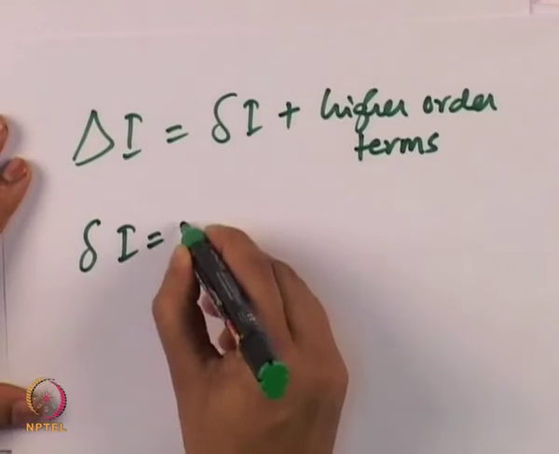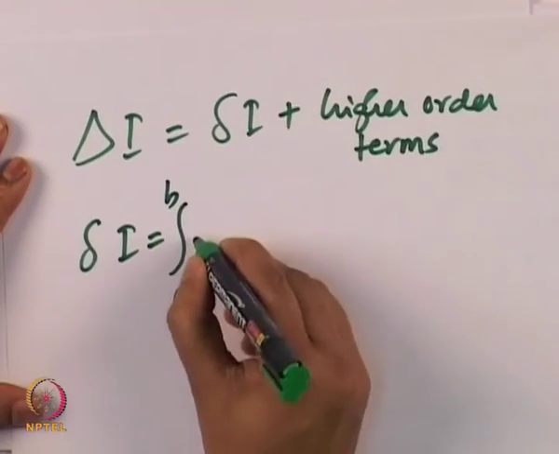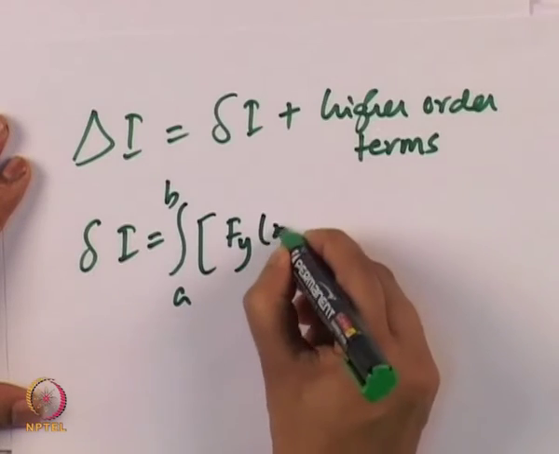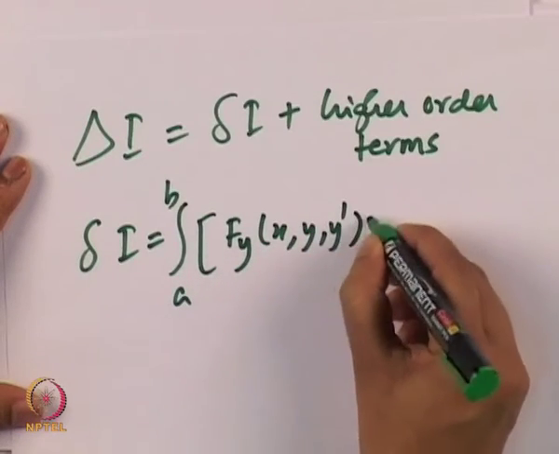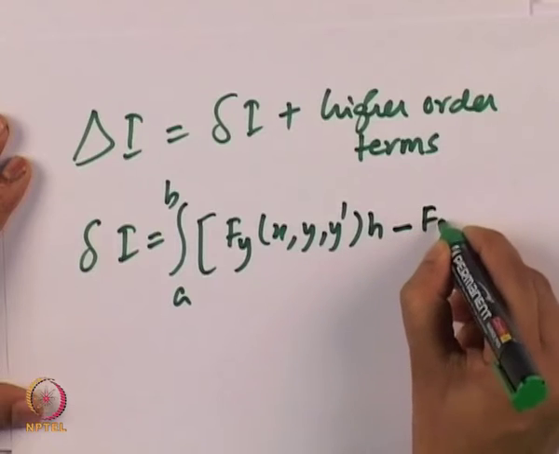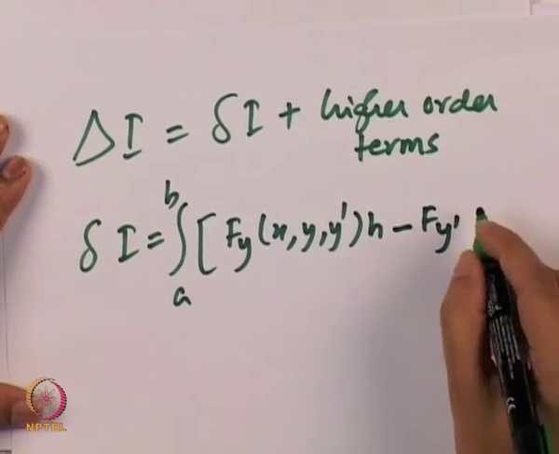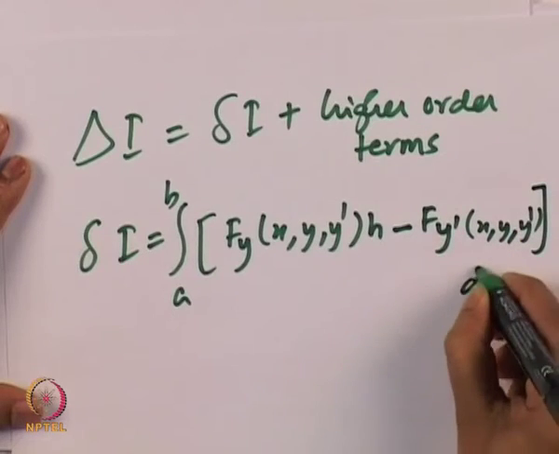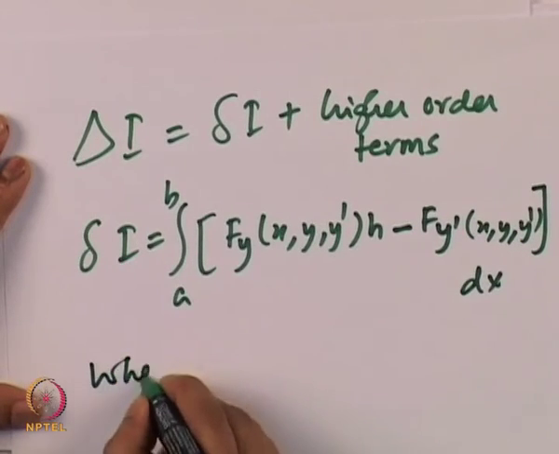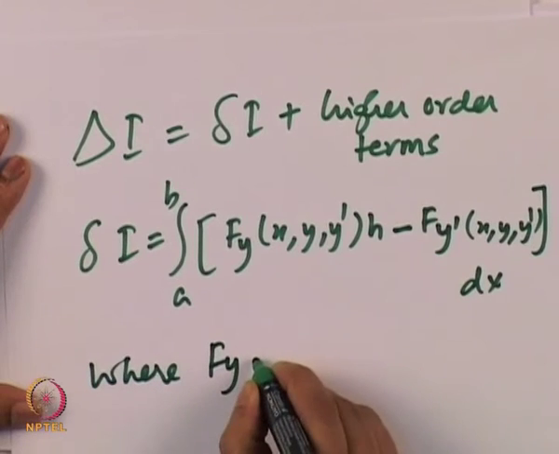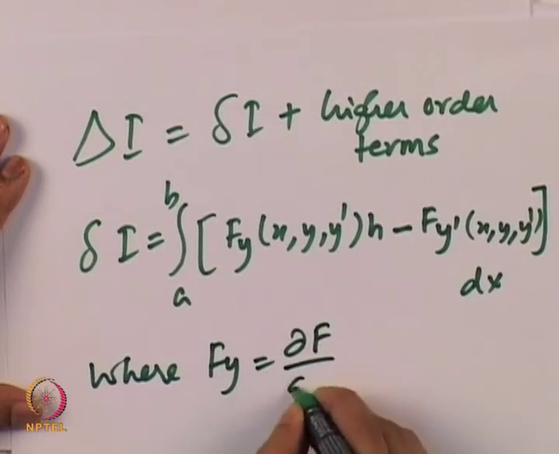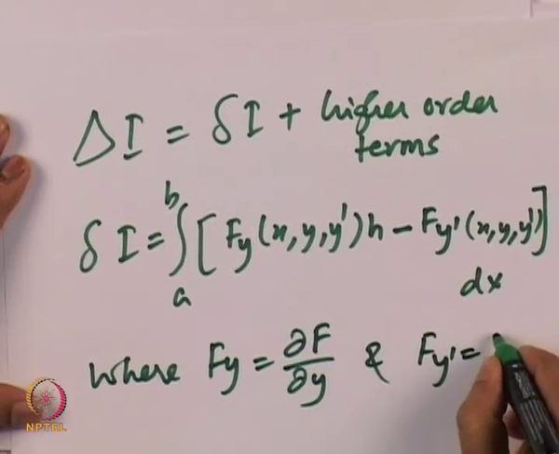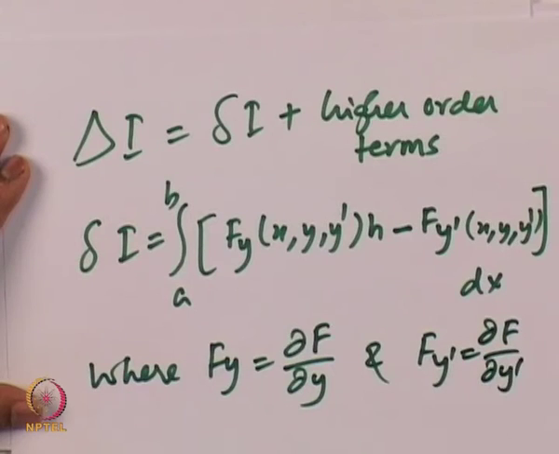What we have derived is integral a to b, the partial differentiation with respect to y, x comma y dash multiplied by h, plus partial differentiation with respect to y dash, x comma y dash times h dash, the entire thing into dx, where f of y is equal to dou f by dou y and f of y dash is equal to dou f by dou y dash.